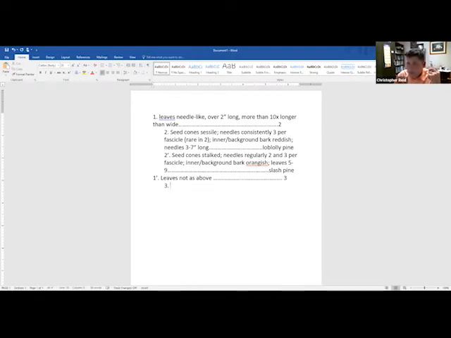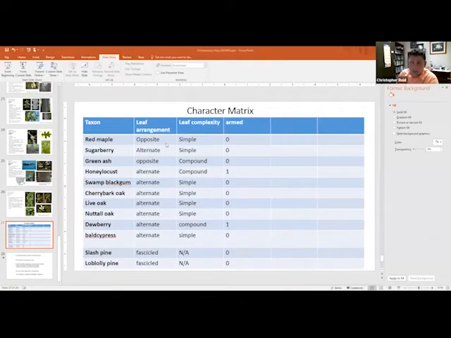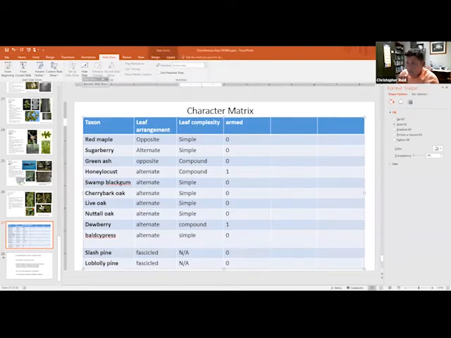Who's next? So while you're thinking about that, I'm going to go back to our matrix. I know we didn't get too far in the matrix. That's okay. We still have 2 biggies right here. Leaf arrangement, to me, is the best frontline character to throw at anything. Today in the dendrology quiz, I gave students Chinese privet, which has opposite leaves, and deciduous holly, which has alternate leaves.